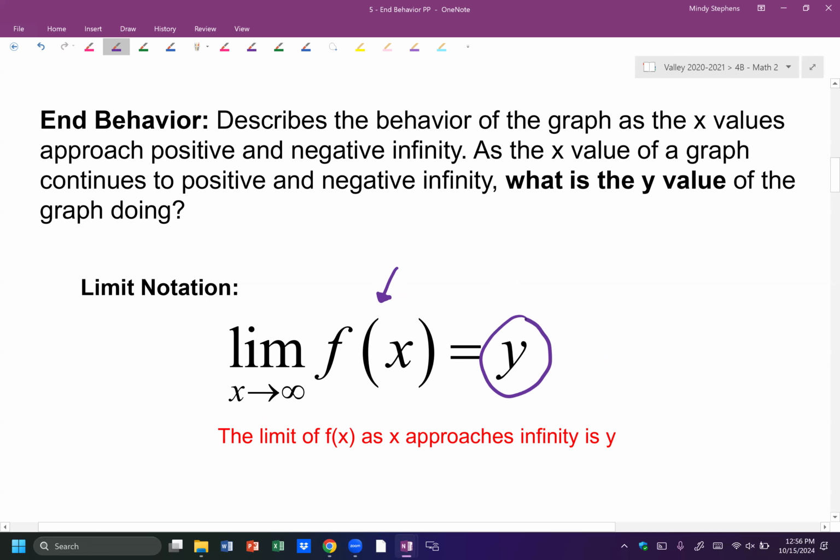And this side is what our actual answer is going to be, but you have to write out the entire limit and put the answer on the right side of it. The limit and the f of x will be the same every single time. The pieces you're going to change are this part and this part.